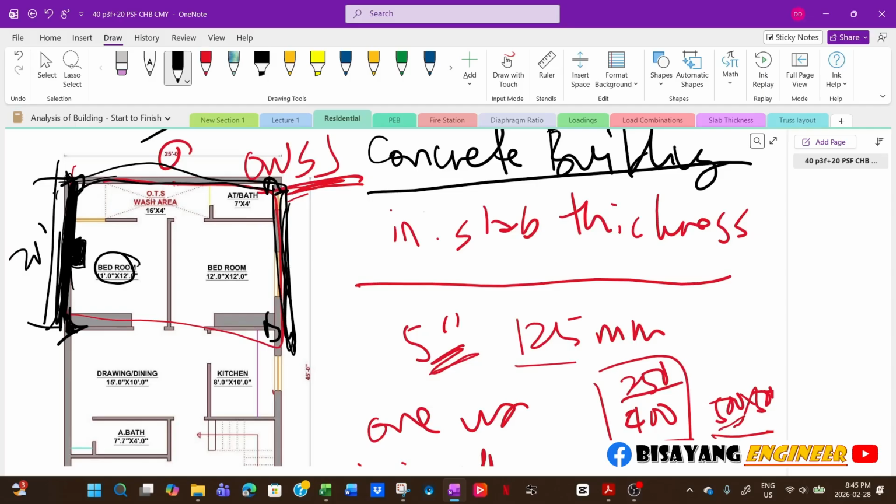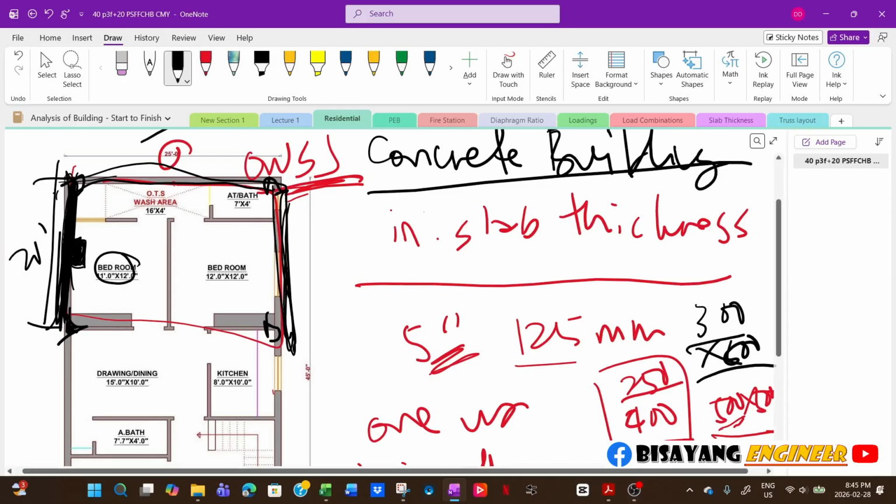It doesn't matter if, for example, you really want to clear that one, I think it will end up like say 300 by 500. So just discuss with the architect, are you okay with this one? Otherwise we will be adding a column there, so it's more of a coordination.